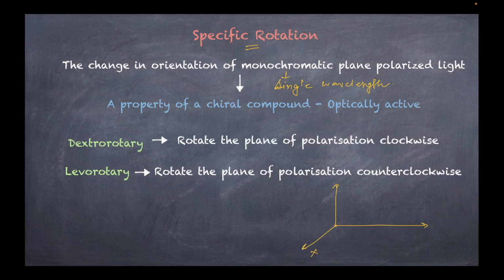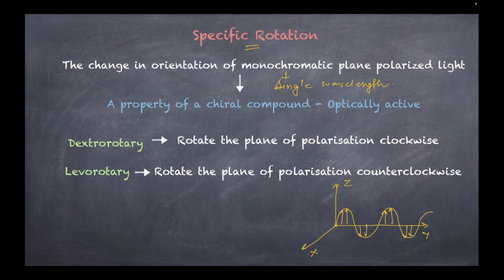It is the x-axis, the y-axis, and the z-axis. Let's say our incident light is polarized along the yz plane. That means the electric field vector of the incident light is oscillating along that yz plane only, like this.